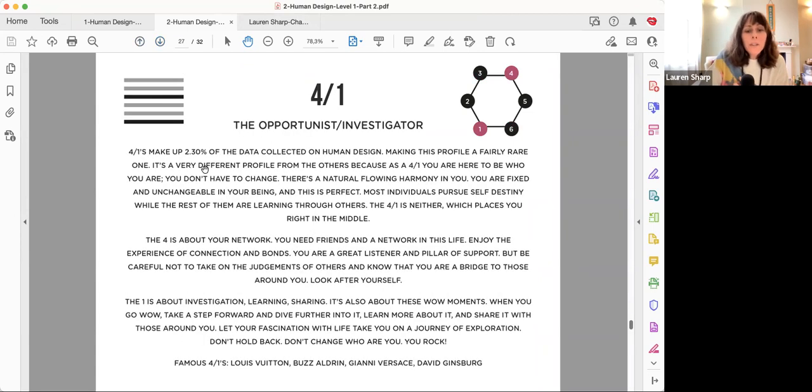So the 4-1 is opportunity, but investigation. It's a rare profile, they're very much here to be who they are. They're still part of that community. They are curious investigators. Funny enough, whenever I come across a 4-1, they're always involved with education on some level.